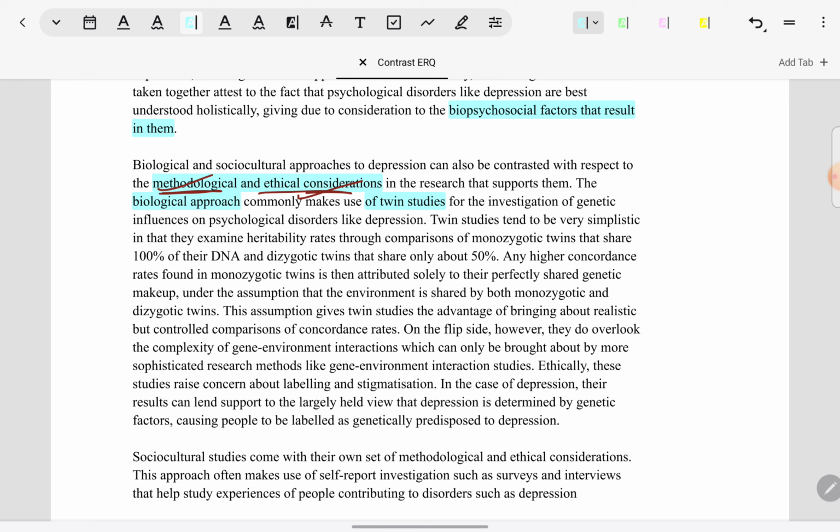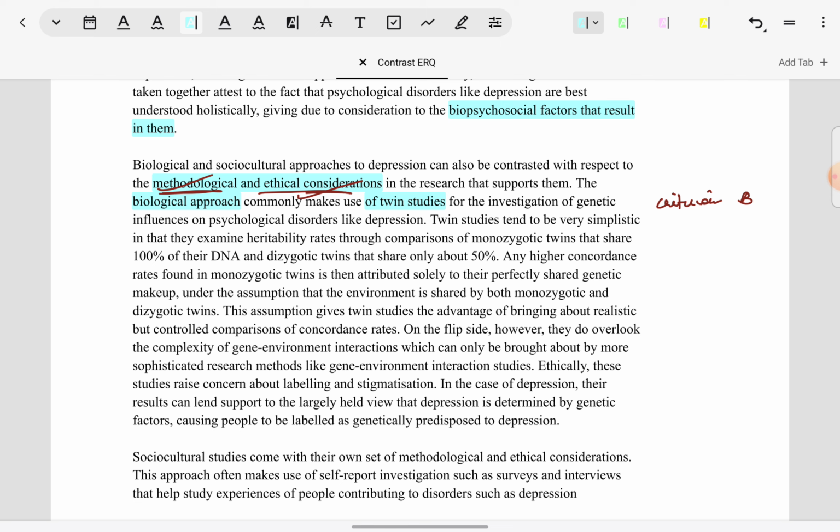The use of twin studies, how it serves to be a methodological issue in the biological approach, is what has been highlighted. Again, first without reference to the Kendler study, and then later with reference to the Kendler study, because like I said, for Criterion B, you need to show knowledge and understanding which is independent of the studies. So first, what is the problem of using twin studies in biological approach in general has been explained.